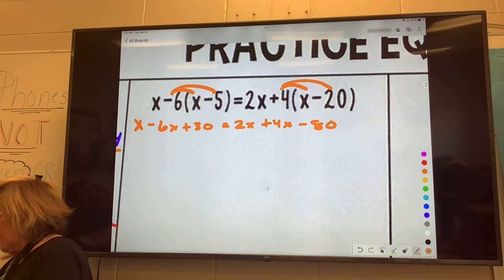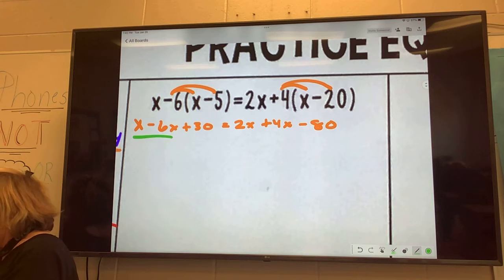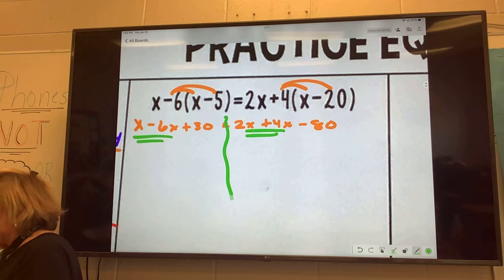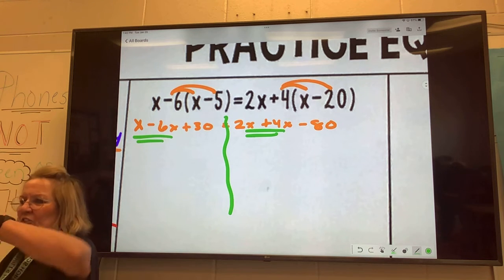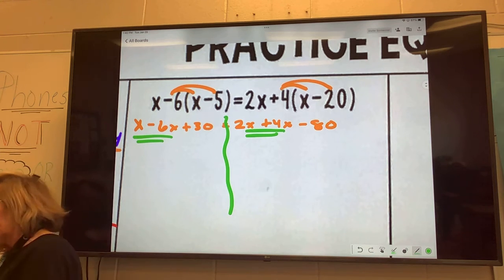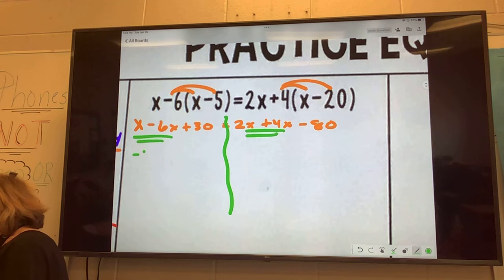All I did was distribute. Now I'm going to combine my like terms. I've got like terms there and there. Here's my equal sign. I can't switch. I have to do the left side separately from the right. X minus 6x is -5x plus 30. 2x and 4x is 6x minus 80.